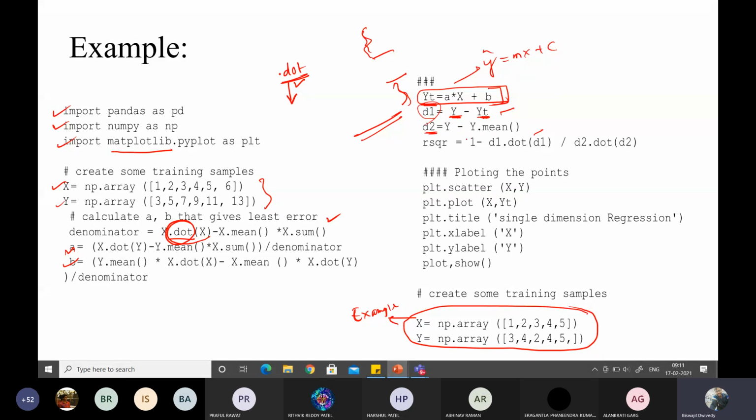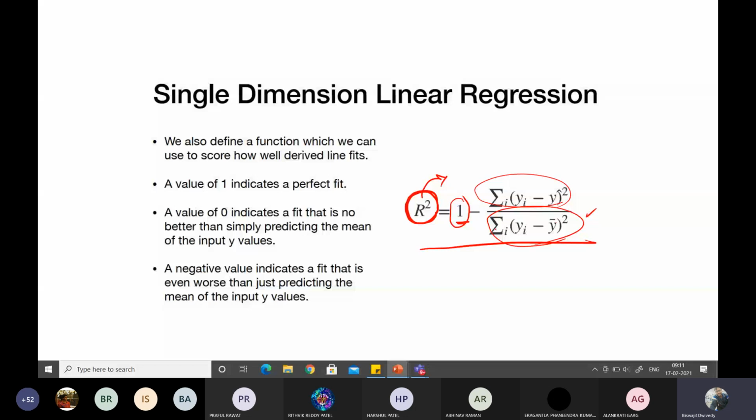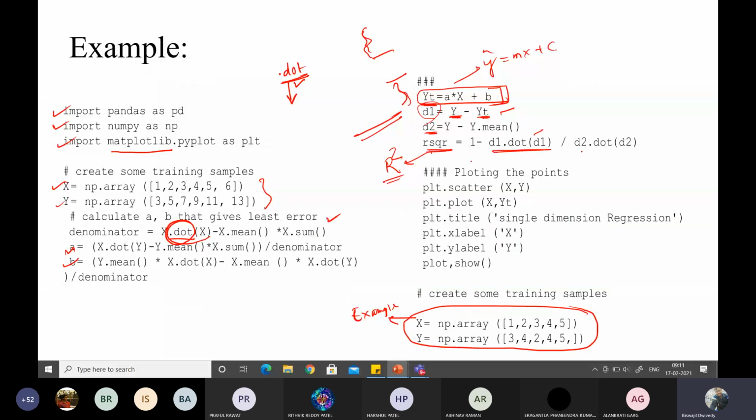And after that, we are going to calculate your r square value. This is your r square error. That is equal to 1 minus d1 dot product with the same d1, divided by d2 dot product with the same d2, because you can see here also square and summation are there, so dot product has been used. Once these things have been done, we can go for some plotting.